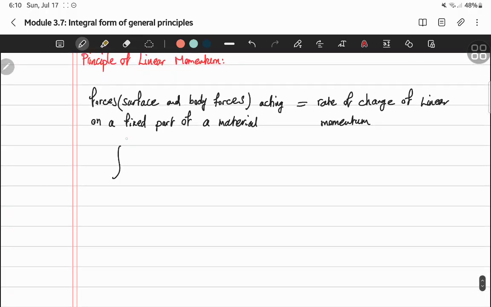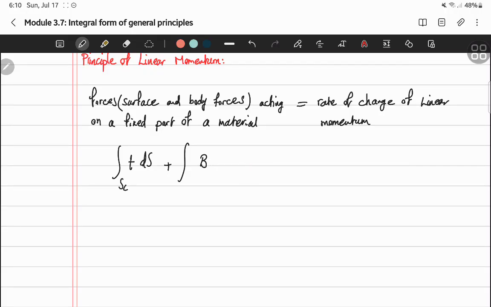So this means in mathematical format, we have the surface forces, so we have t, they are on the surface Sc, plus the body forces, they are volumetric forces, and the book actually used b, which is force by mass.